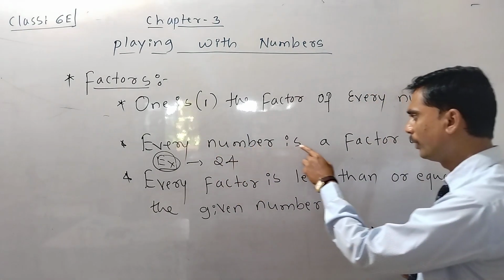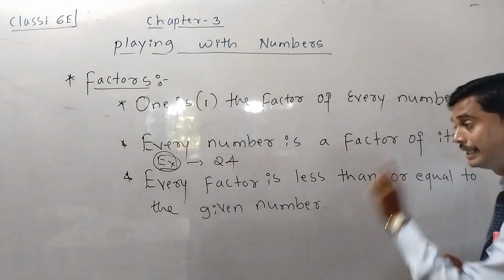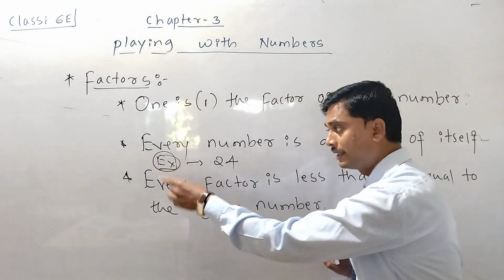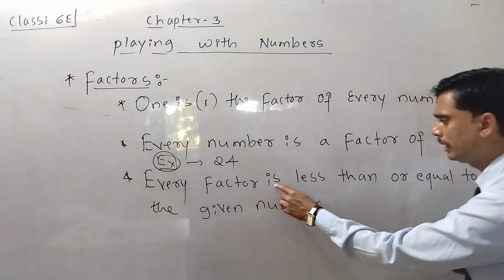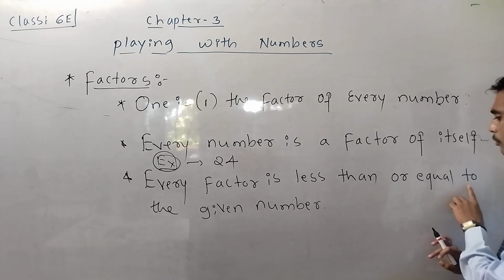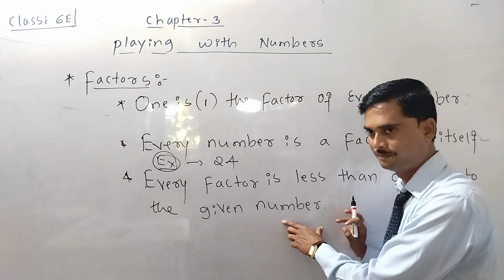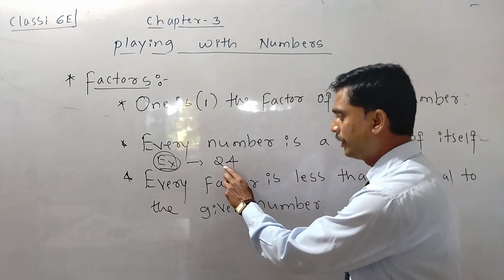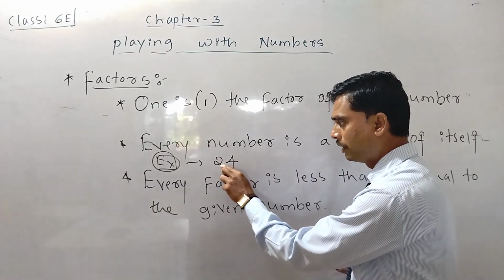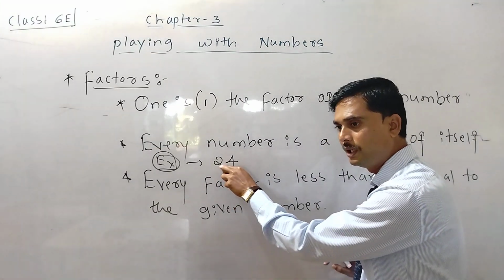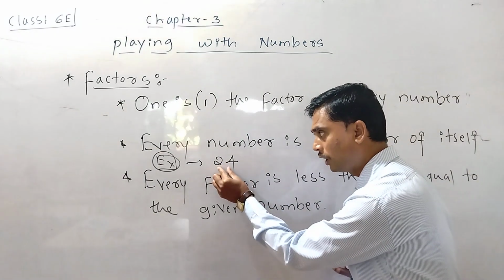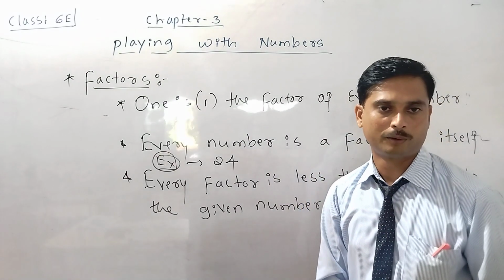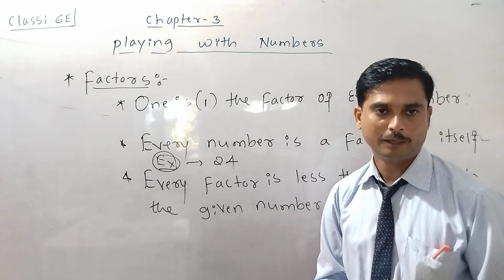That is, every number is a factor of itself. Remember, dear students, another one is that every factor is less than or equal to the given number. The factors of 24 are less than 24 or equal to 24. It is not above 24.